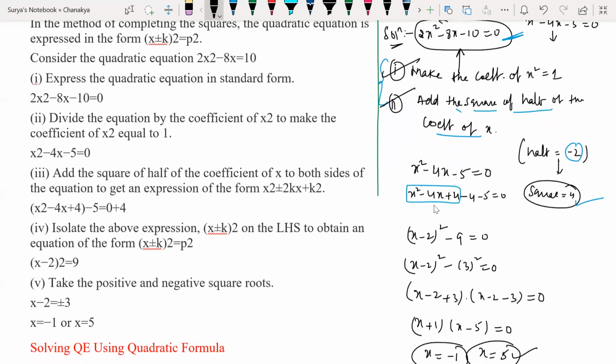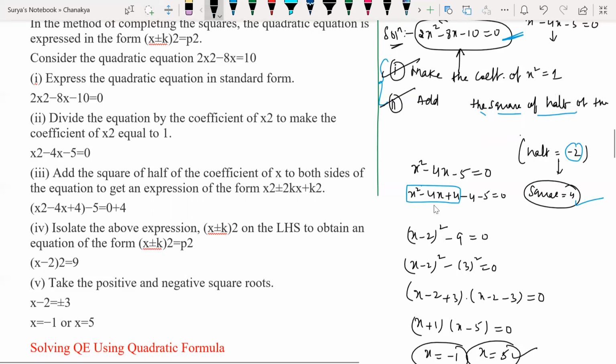Make the coefficient of x square as 1, then add and subtract the square of half of the coefficient of x. Let me write here. Add and subtract the square of the half of the coefficient of x. Clear this point?